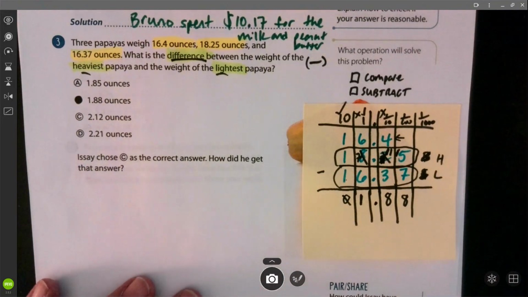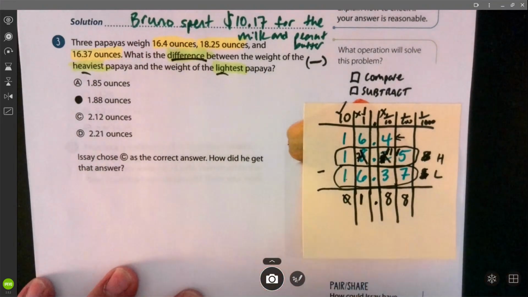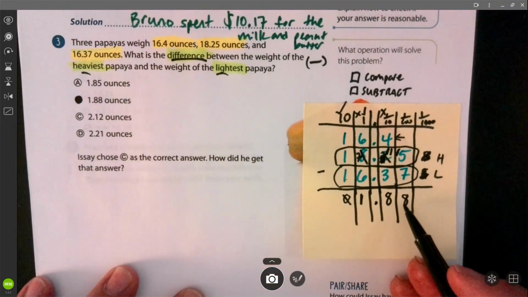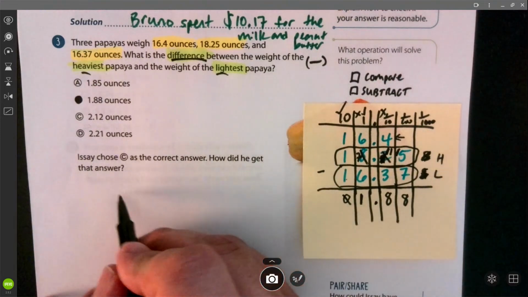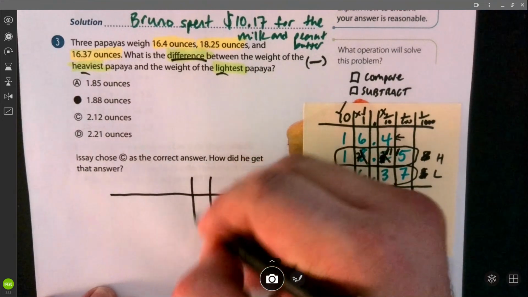Let's see. How did he get 2 and 12 ounces? We're going to have to do another place value chart over here. Okay.